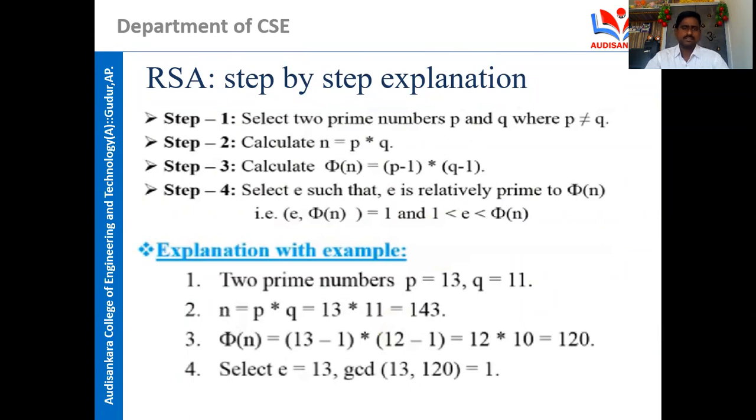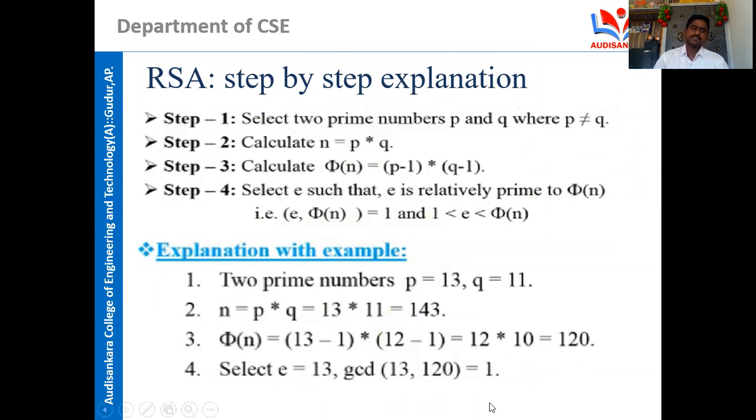Let us see step 1. Select two prime numbers p and q where p is not equal to q. In this RSA algorithm process there are 8 steps. The first step is to select any two prime numbers p and q where p is not equal to q.